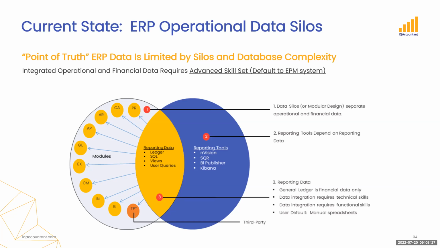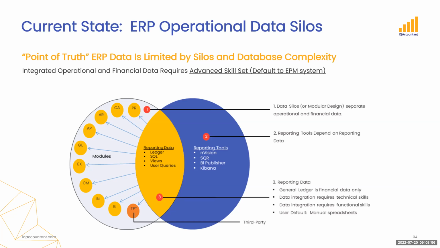What has happened in the last few years is companies have realized this and they've started developing different systems to support the integration of data and more in-depth data analysis. One of the solutions has been implementing an EPM system, enterprise performance management system, to manage that data and integrate it.